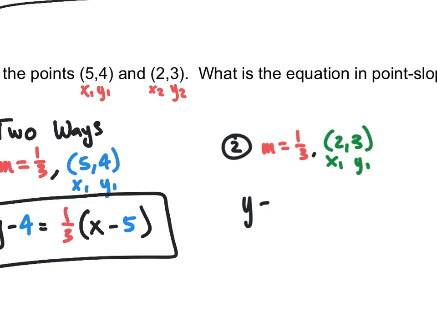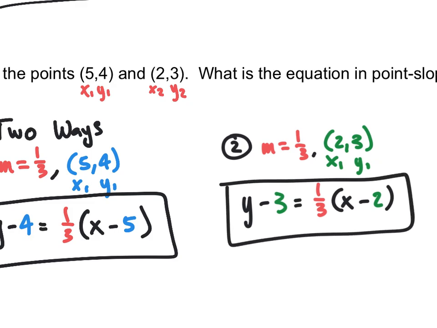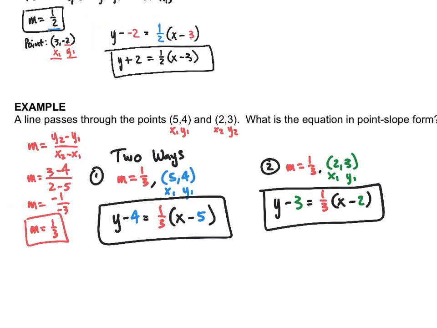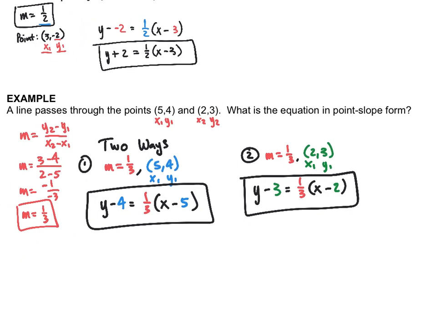So y minus 3 is then equal to 1/3 times x minus 2. And both of these things are going to give you the same thing. So it doesn't matter which one you choose in this sort of situation, but that's going to be our answer. So either way would work.